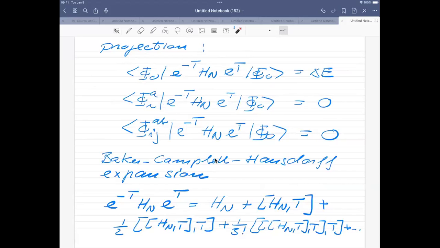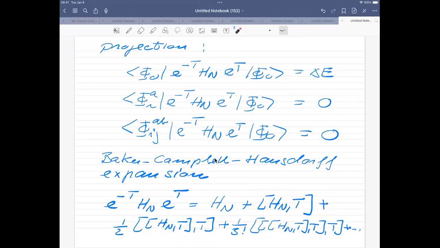And at the end, if I were to go to 5 nested commutators, and I want to calculate a vacuum-to-vacuum expectation value, then that vacuum-to-vacuum expectation value would be exactly equal to 0. So what we get is that this expansion terminates at 4 nested commutators if I have a 2-body interaction.